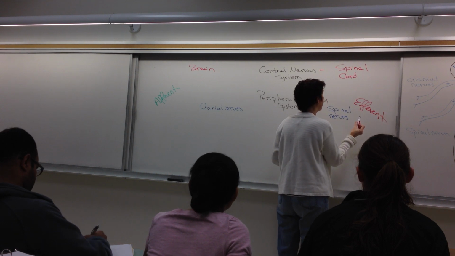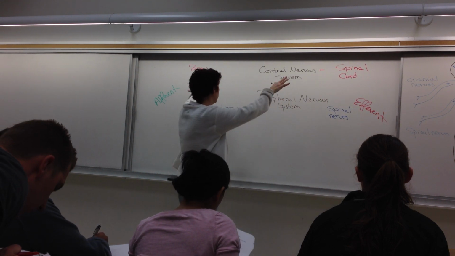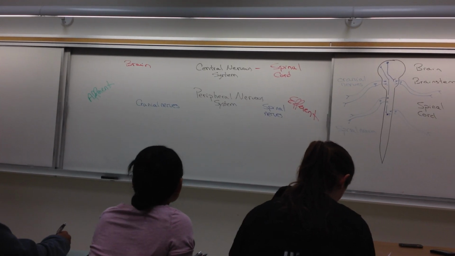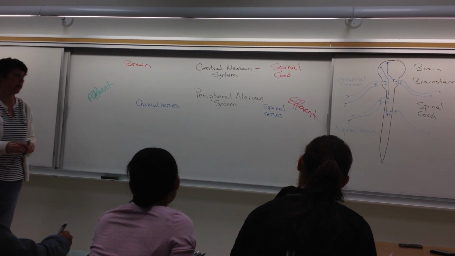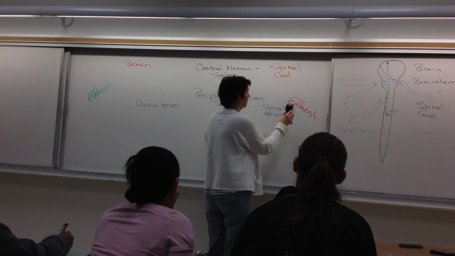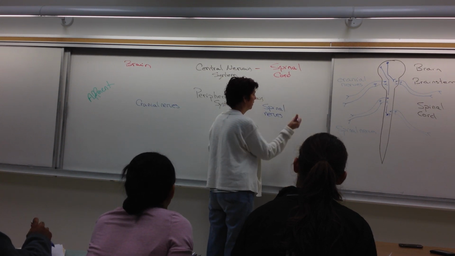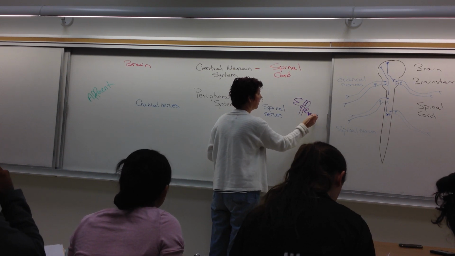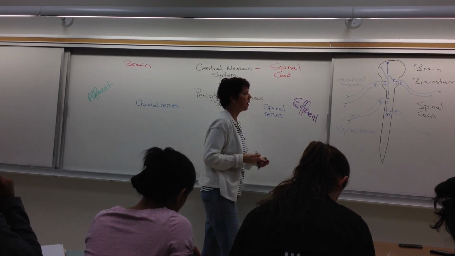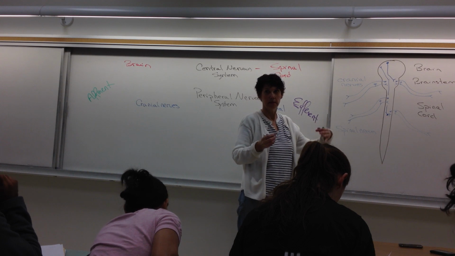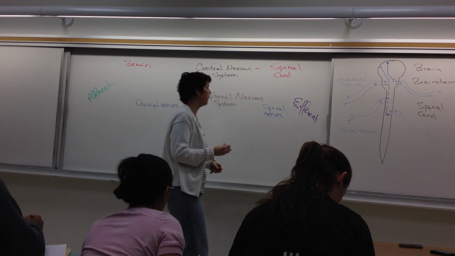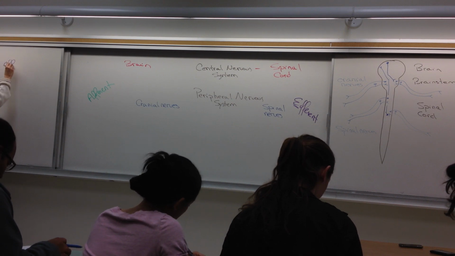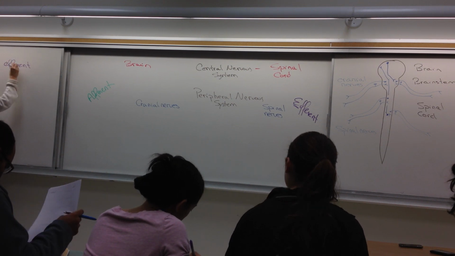Now the terms afferent and efferent, I have them under separated and braided spinal cord. I don't want to use the same colors because they really aren't components of those. So our efferent information is information that is leaving, going away from a central location.